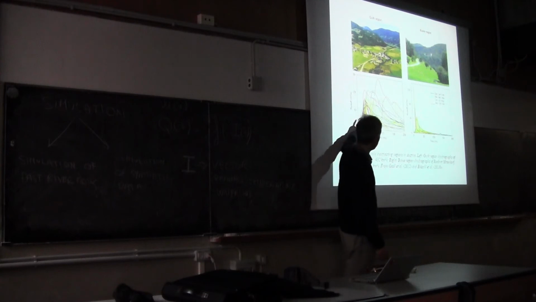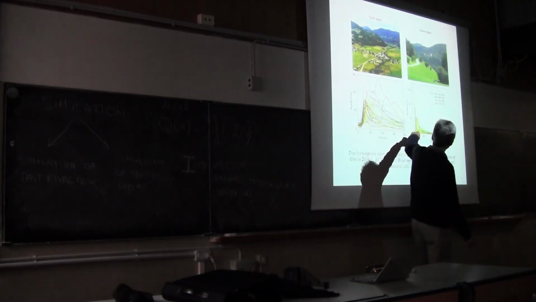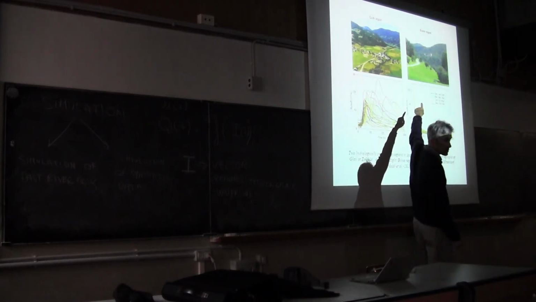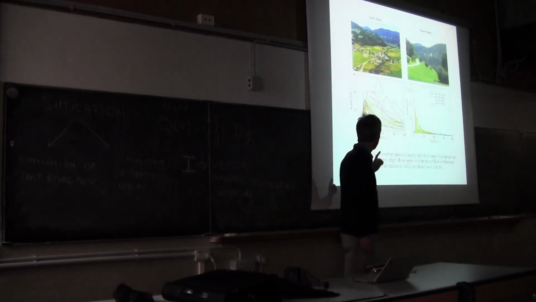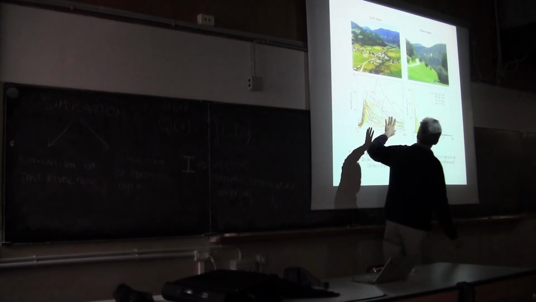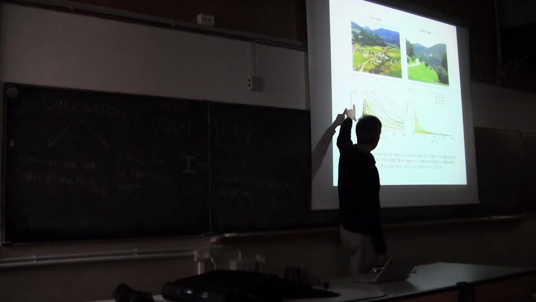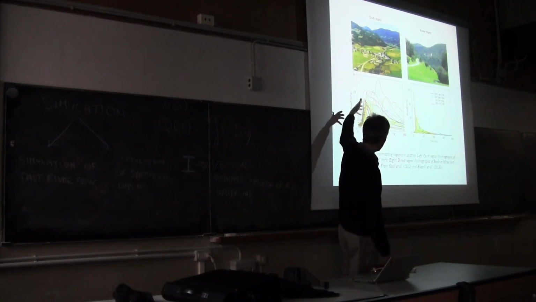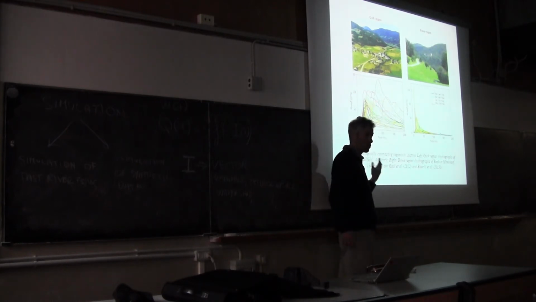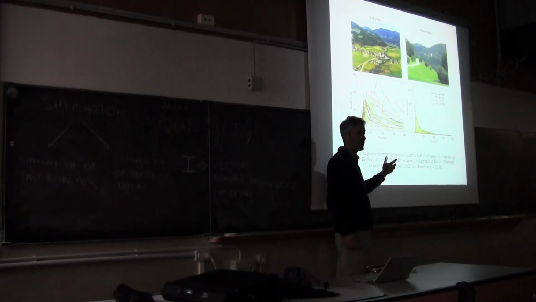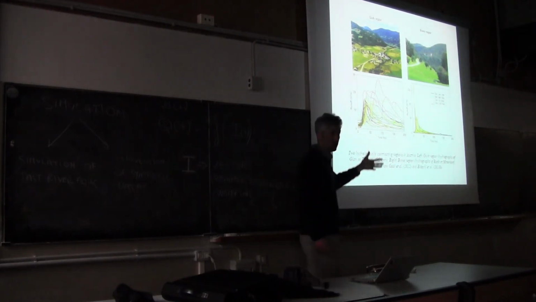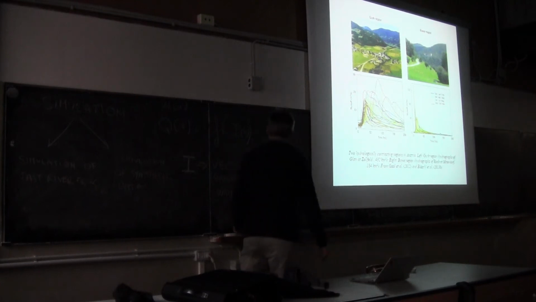But you see that the magnitude of the river flow is much higher in the second catchment. In the catchment on the left, the peak flow is about a quarter, but if you look at the volume of water delivered by the hydrograph, what is the volume of water? It is the area below the hydrograph.